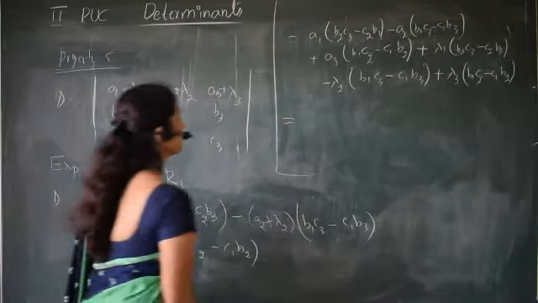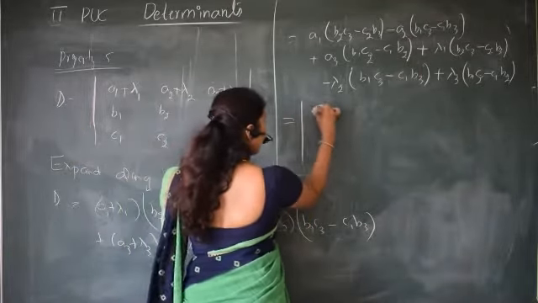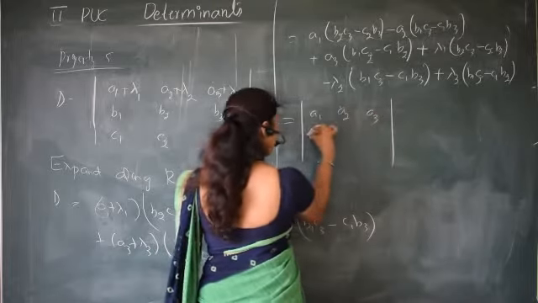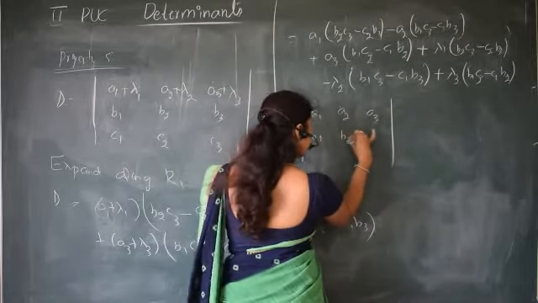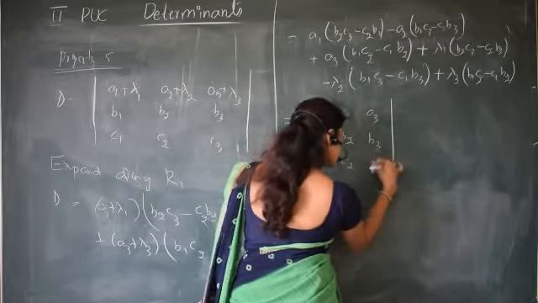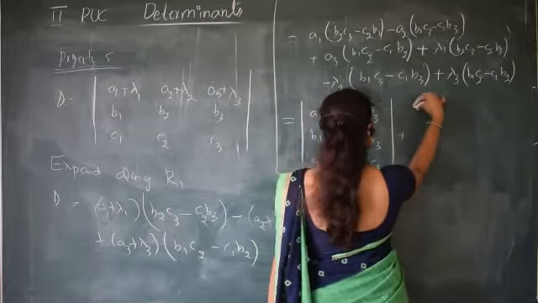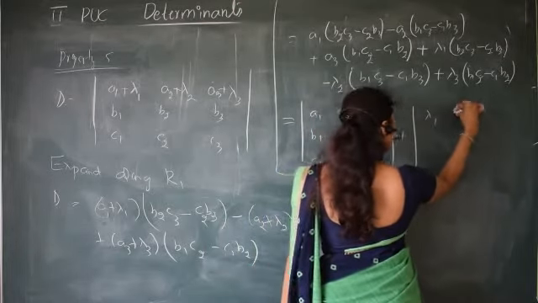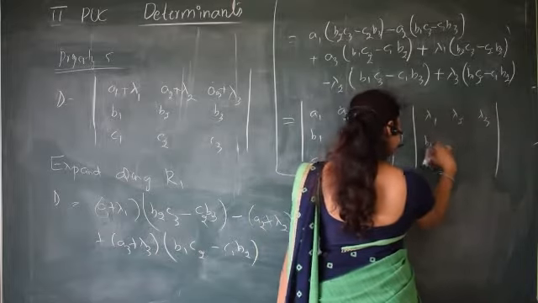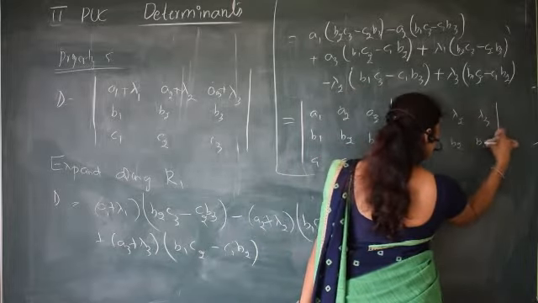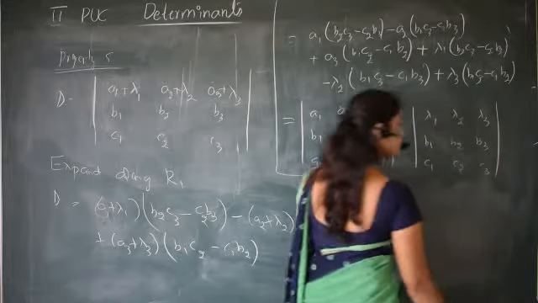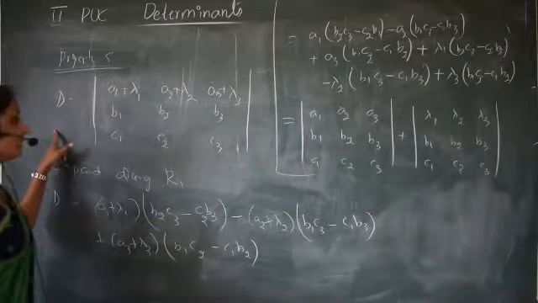Therefore, I can write this as the determinant with rows A1, A2, A3; B1, B2, B3; C1, C2, C3 plus the determinant with rows lambda 1, lambda 2, lambda 3; B1, B2, B3; C1, C2, C3.